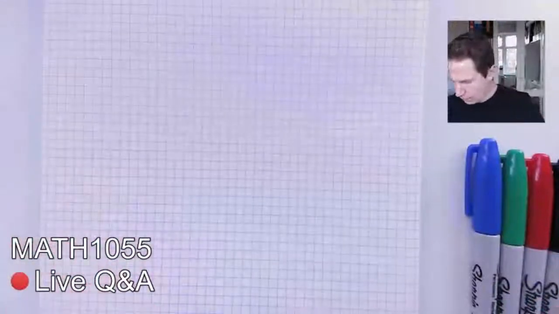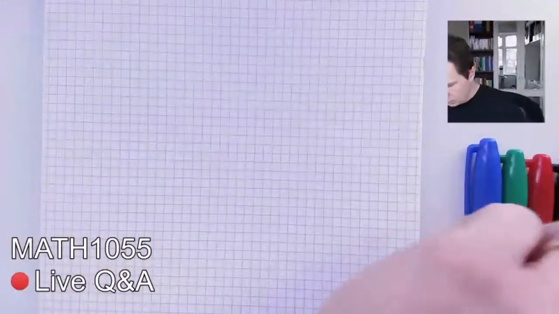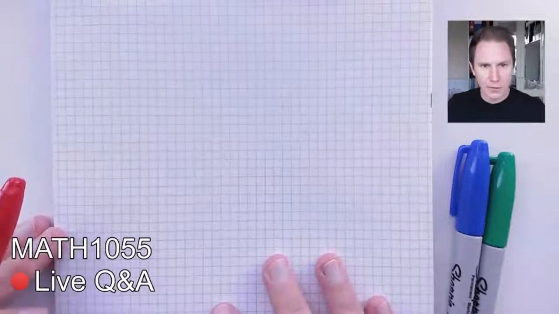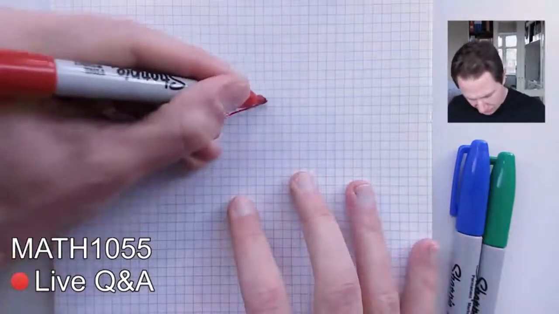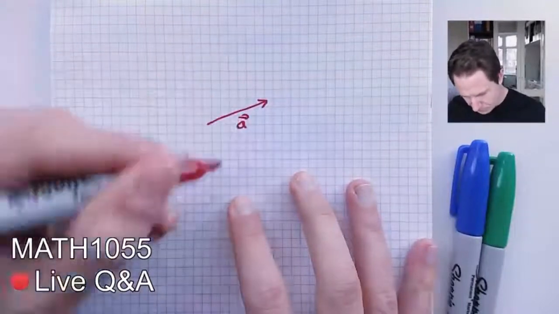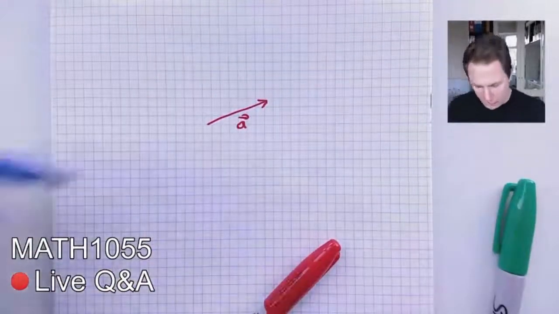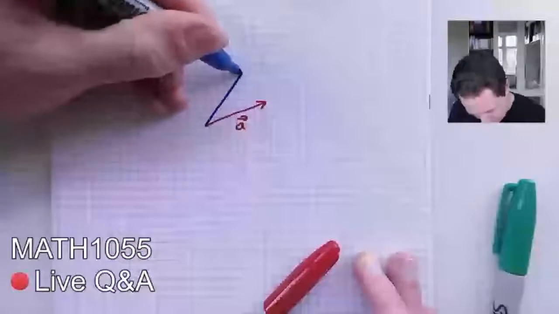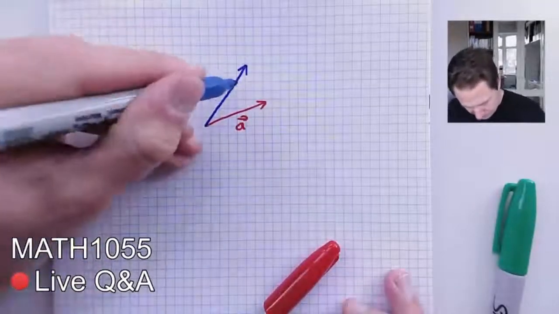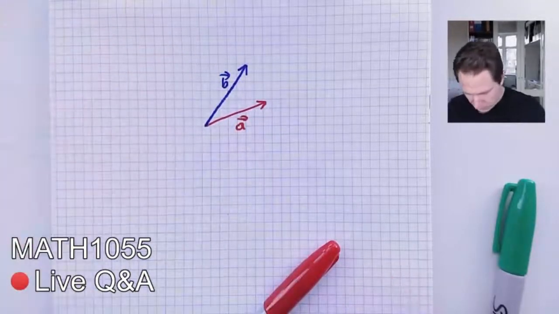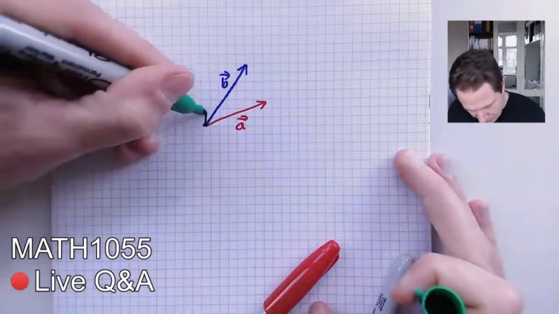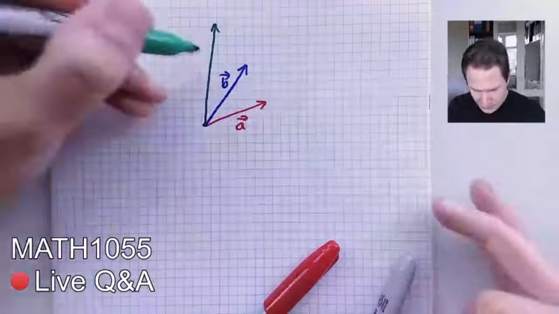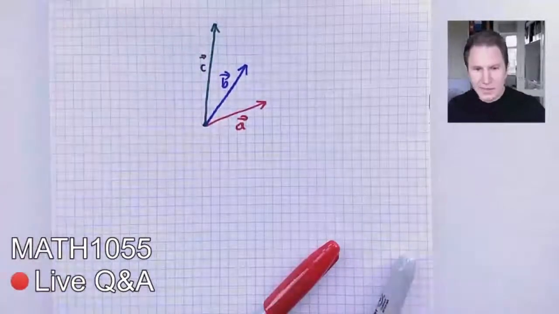If you have three vectors, let me try to sketch this out. If you have three vectors in 3D space, so here I have vector A, then we had vector B, let's say it's like so, and vector C. So imagine this is in 3D space.